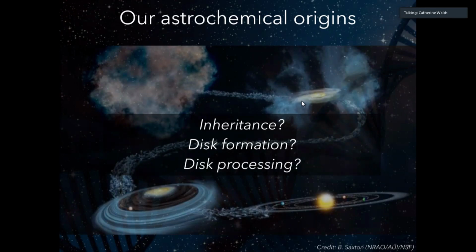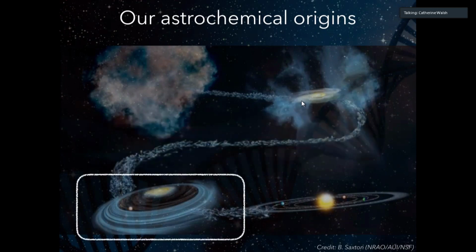And in the disk itself, these objects hang around for a few million years whilst the planets and comets are forming, and chemistry is ongoing in that stage as well. So there's a lot of debate over how much chemistry within the disk itself ends up then setting the composition of our planet and comet building material.